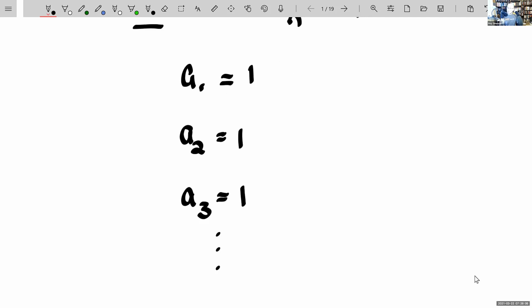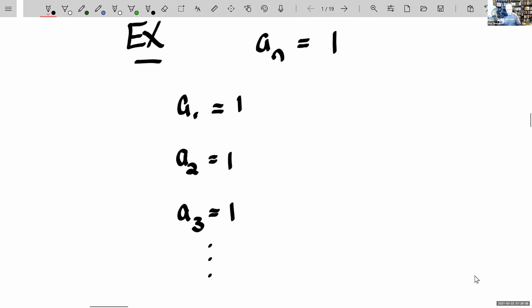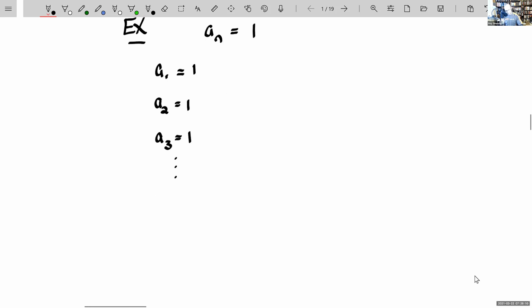That sequence totally converges, right? So note the limit as n tends to infinity of a sub n. Well, since a sub n is always 1, that's the limit as n tends to infinity of 1, which is just 1. Not a big deal.